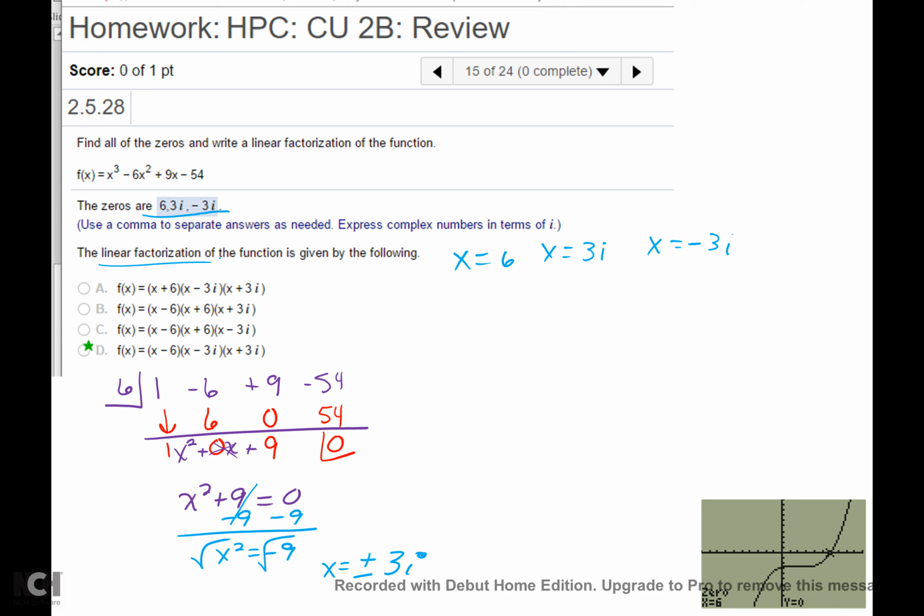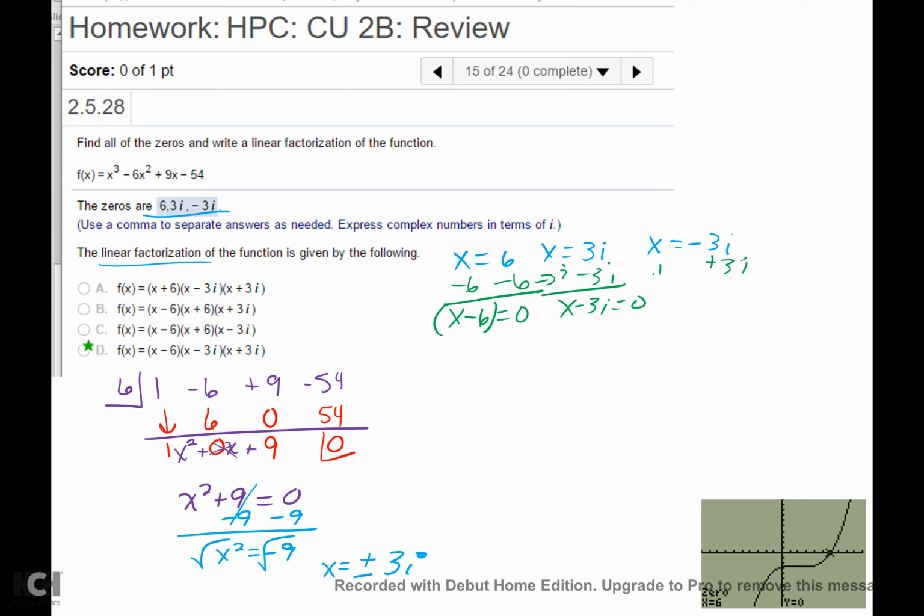Then it says write the factorization. Well, again, you don't multiply your zeros to write an equation, you multiply your factors to write an equation. So x minus 6 equals 0, got a factor. Minus 3i, minus 3i, I get x minus 3i equals 0.